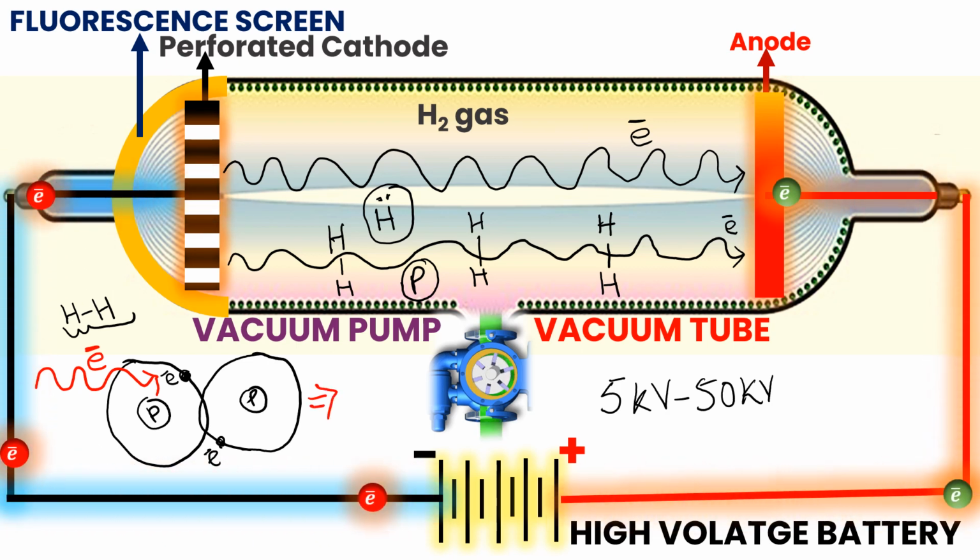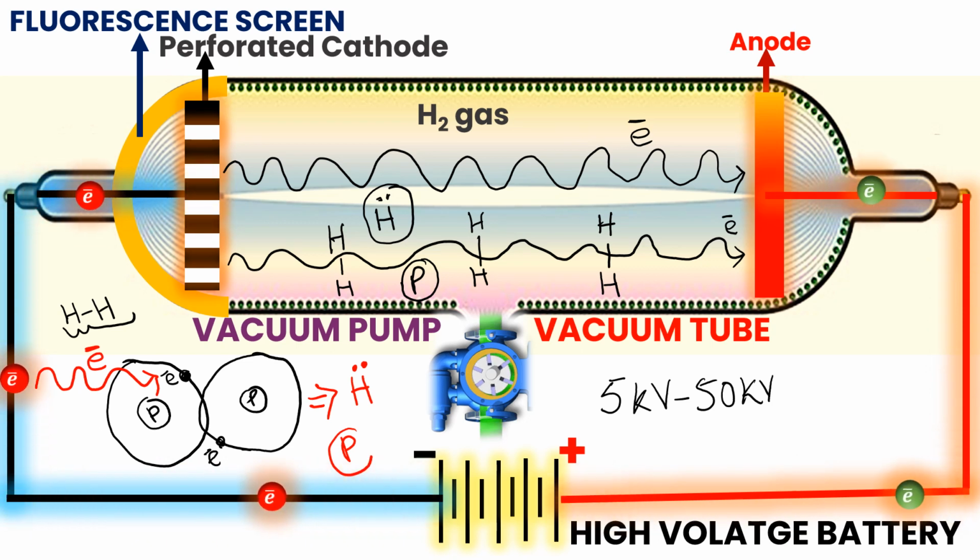Some of the hydrogen molecules will be converted into a hydrogen atom with an additional electron, as well as the nucleus of the hydrogen atom with only one proton. The hydrogen atom with the additional electron is negatively charged, whereas the nucleus of the hydrogen atom is positively charged.